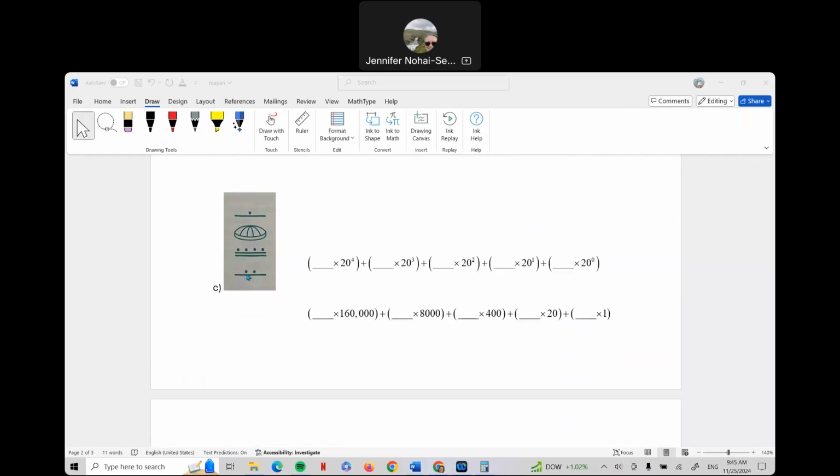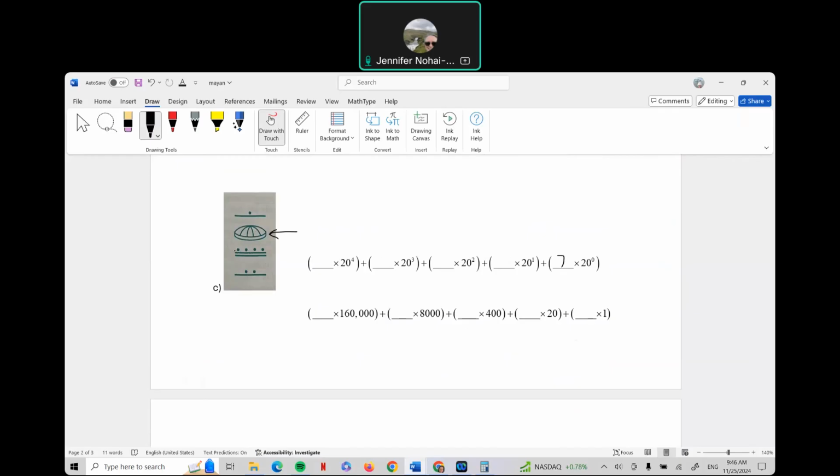Now, in this problem, we again have 4 sets of numbers, and we haven't used this shell yet. This is a shell, and the shell represents 0. Okay, so in that section, we will have a 0. Working from the bottom up, we have a line meaning 5 and 2 dots. That gives us a 7 in the ones place. In the next one, we have 2 lines.